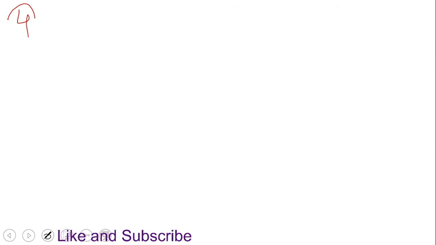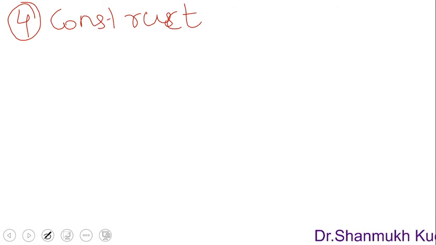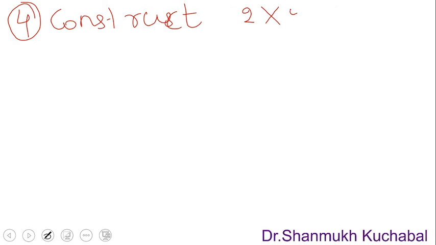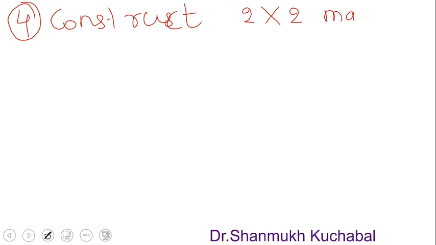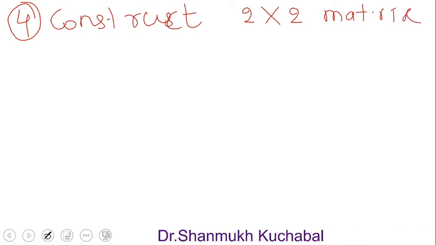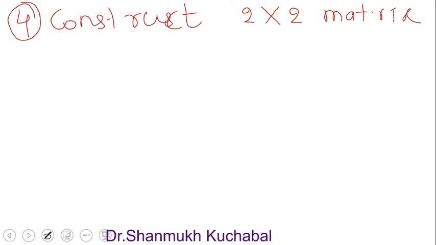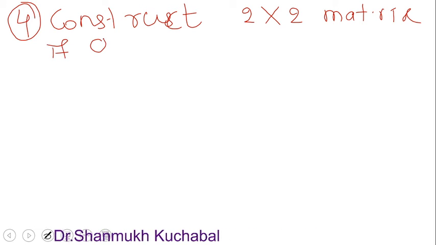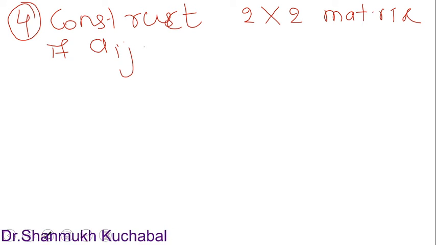One more example we'll discuss. Example number 4: construct a 2 by 2 matrix if aij equal to i divided by j.